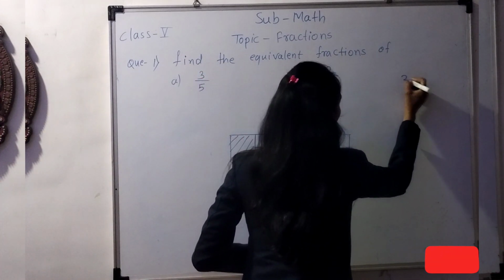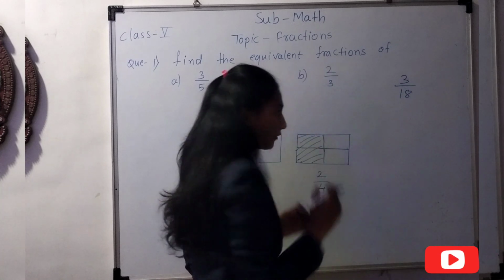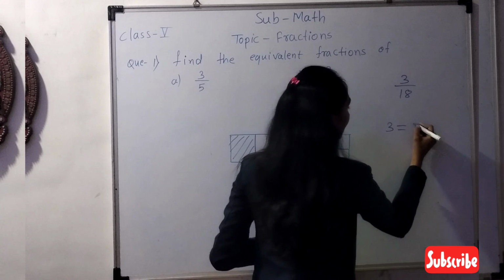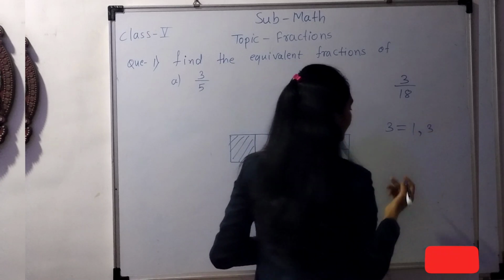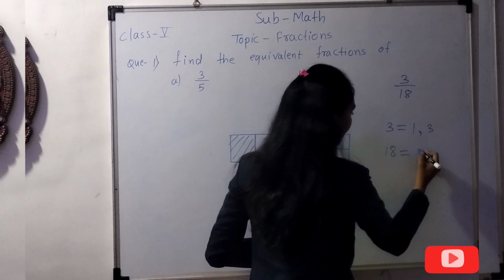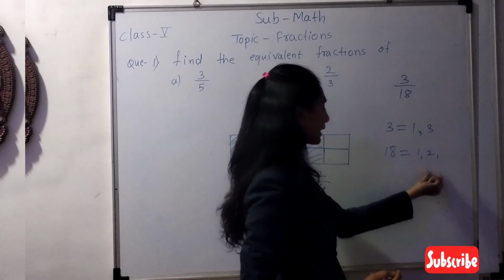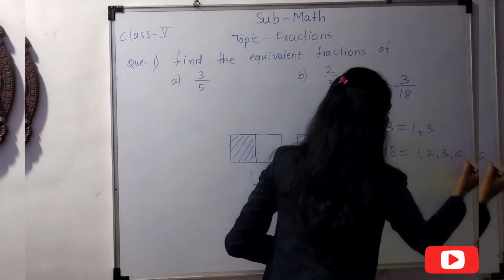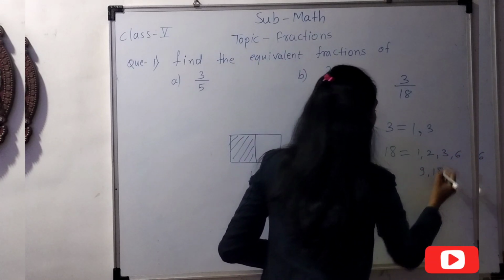Let us see 3 upon 18. If you observe 3 and 18, how many factors does 3 have? 1 is a factor, 3 is a factor. It has only 2 factors. Let us talk about 18. 18 has 1, 2, ये number के table में ही आता है 18, 3, 6, 9 and 18 itself.